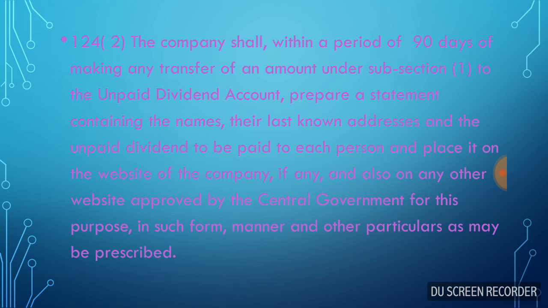prescribed. This simply says that once the company, within 7 days after completion of 30 days, deposits the amount of unpaid dividend to the unpaid dividend account, then within the next 90 days from the day it transfers the amount to the unpaid dividend account, it may happen that the company transfers the amount on the very next day, that is the 31st day, or it can also transfer the amount on the 37th day.